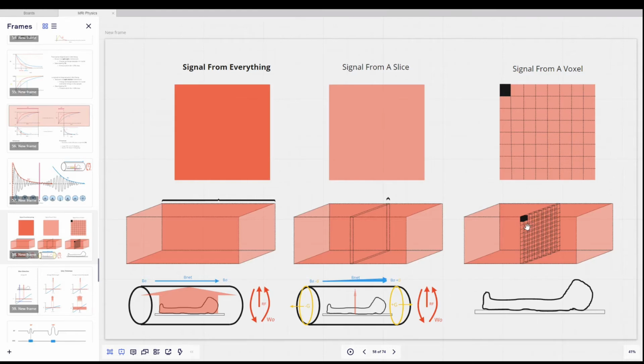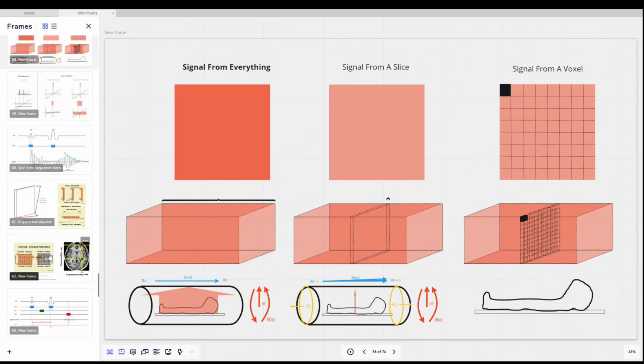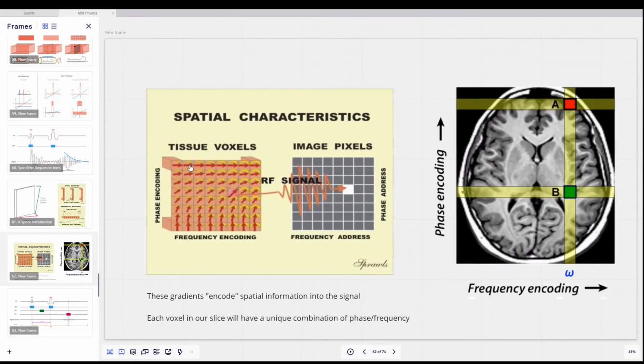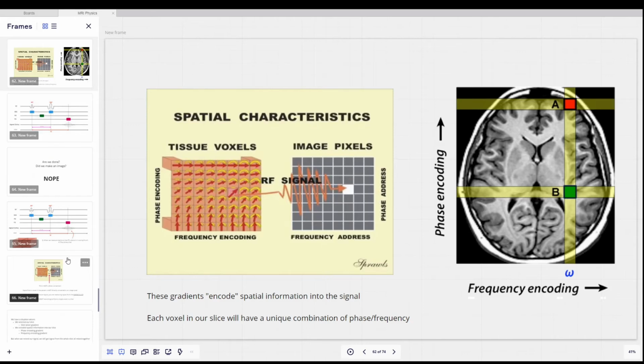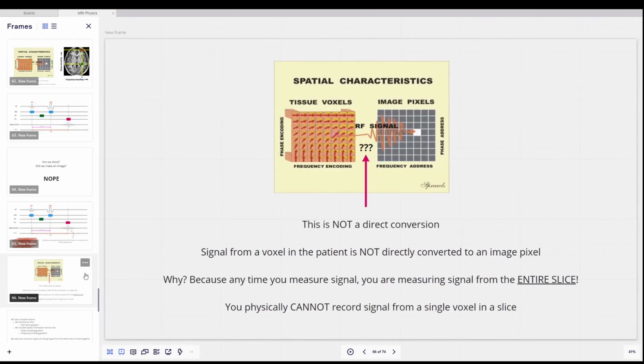You can't do that. So when we apply our gradients, you can't just say, oh, I only want to look at this one voxel here, and we're going to measure the phase and the frequency of the signal in that one voxel, and then plot it on our image. You can't do that because you're exciting the whole slice at a time.